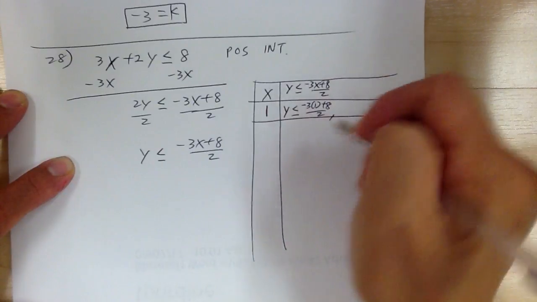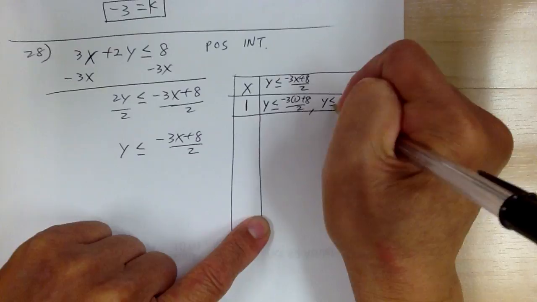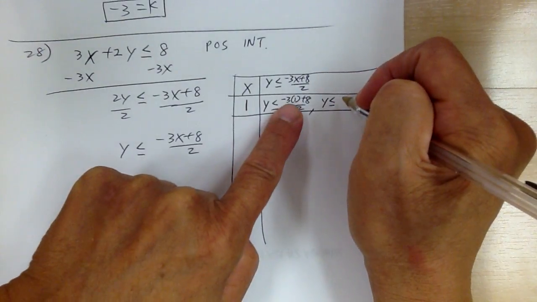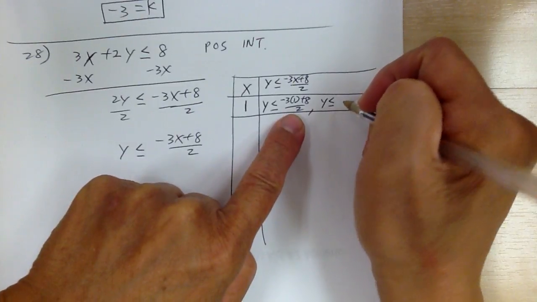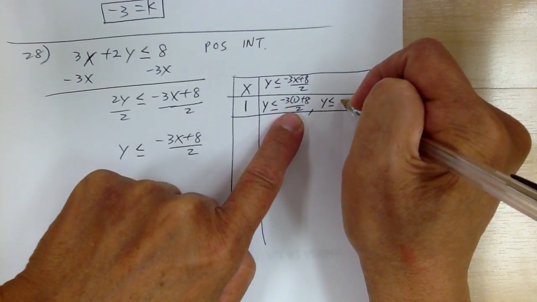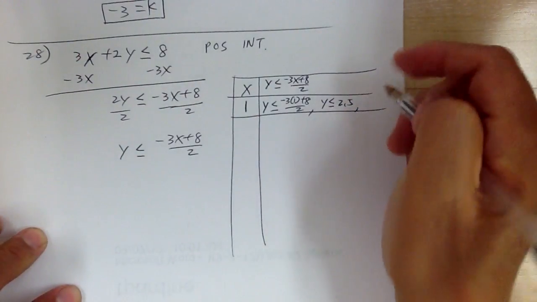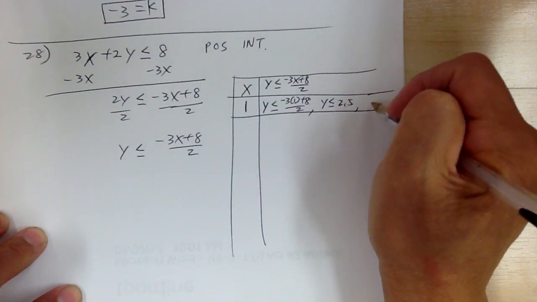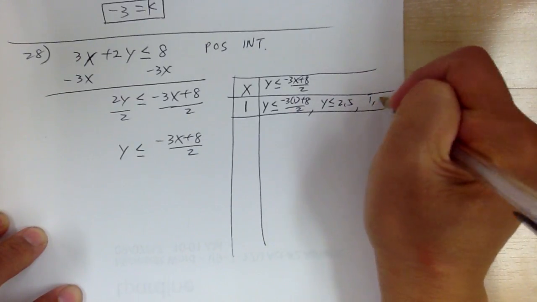This is one of the few instances where you go sideways. Negative 3 plus 8 is 5. 5 divided by 2 is 2.5. So y is less than or equal to 2.5, so you're going to get 1 and 2.